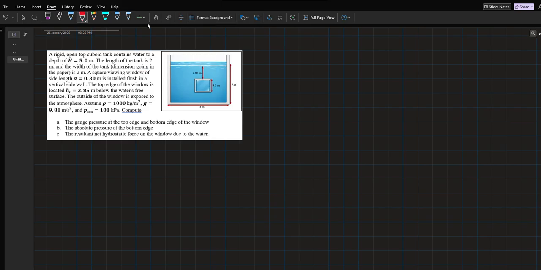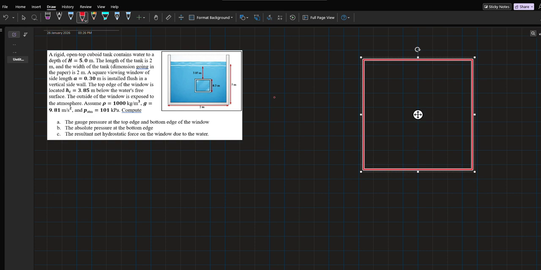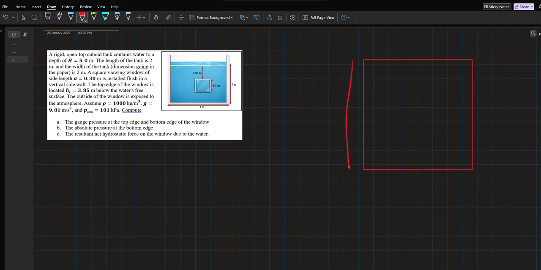Okay, so let me draw this first. The problem says we have a tank. We draw a tank whose height is 5 meters.